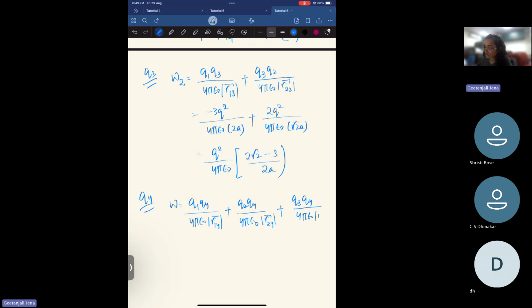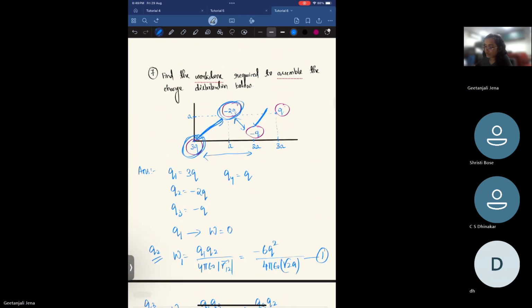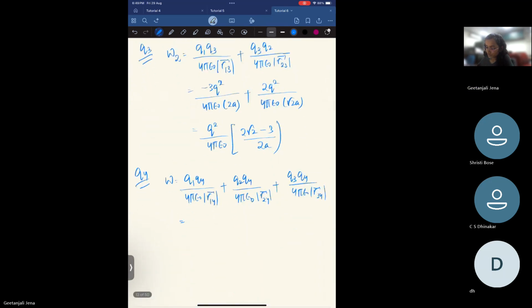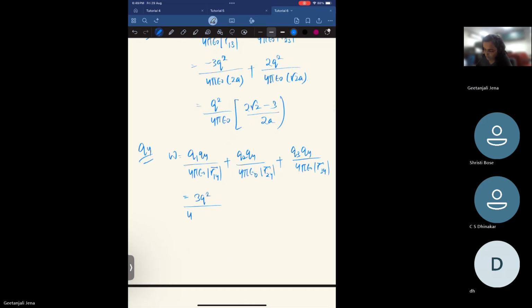Q1 and Q4 are separated by a distance with components 3a and a, so I think it will give root 10a. So 3Q square by 4 pi epsilon naught root 10a, plus Q2 Q square.